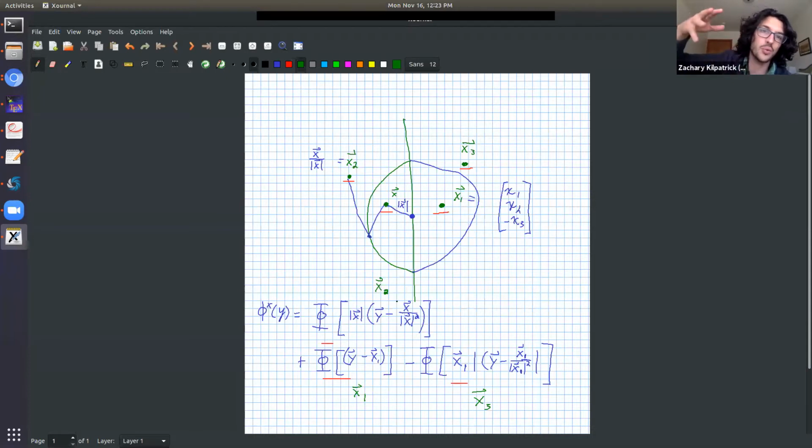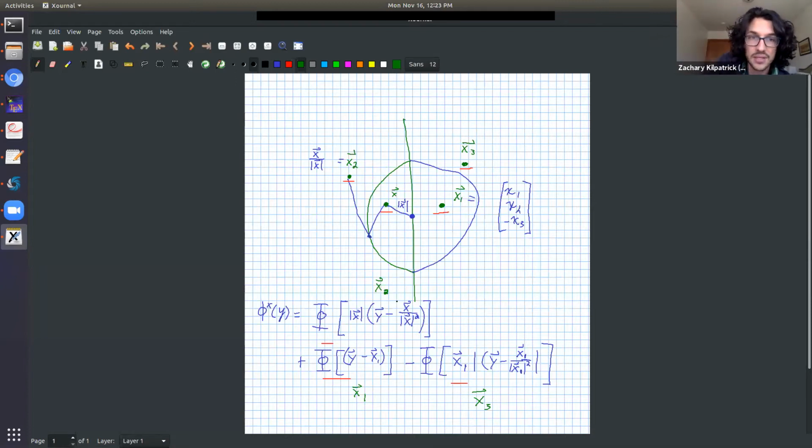In the case where you only have one fundamental partitioning of R^n, you're just going to need 2: the fundamental solution and then the reflection to the outside of the boundary of your domain. If you have the intersection of a ball and a half space, then you're going to need 4: the fundamental solution, the reflection outside the ball, the reflection outside the half space, and then the reflection of the reflection.